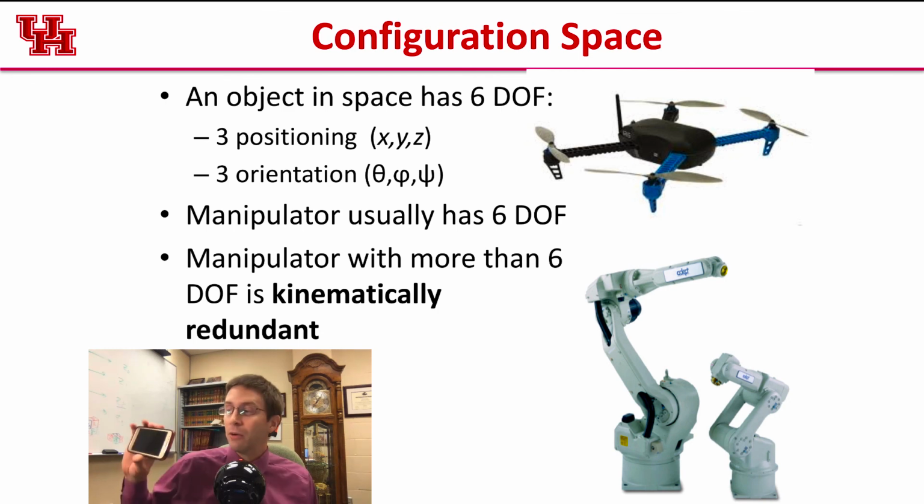And for that reason, most manipulators have 6 degrees of freedom, because that's a minimal number you need in order to be able to put the end effector, the end of the robot, in any position and orientation. Now, for a little bit more money, you can get robots that have more than 6 degrees of freedom. In that case, we say it's kinematically redundant, because now it can have multiple solutions to get to certain orientations and positions.